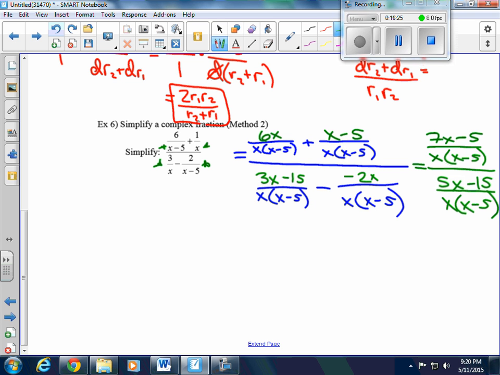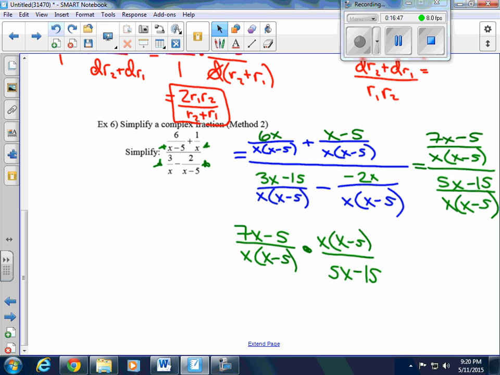Now the reason that this method works so well is because now if we look at this, we're going to go 7x minus 5, and we're going to multiply by the reciprocal of the bottom fraction. So that's x times x minus 5 over 5x minus 15.